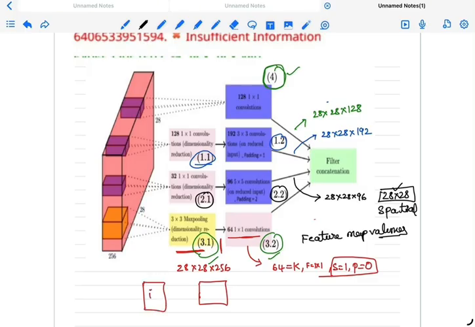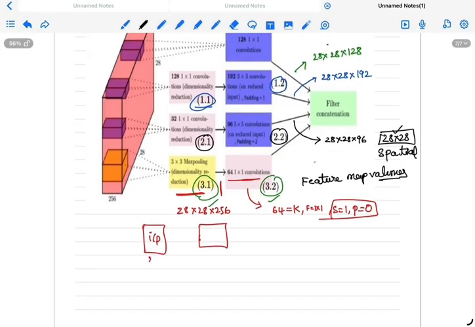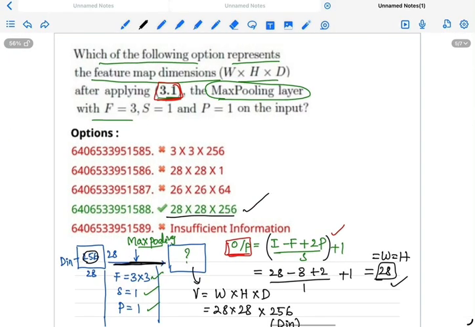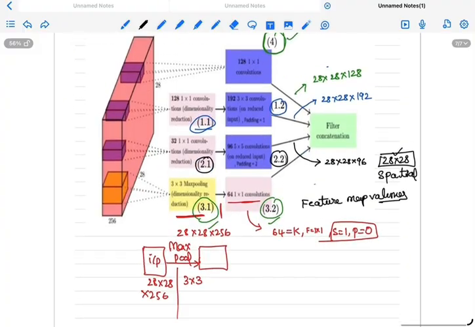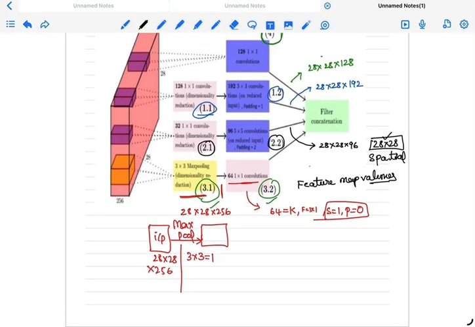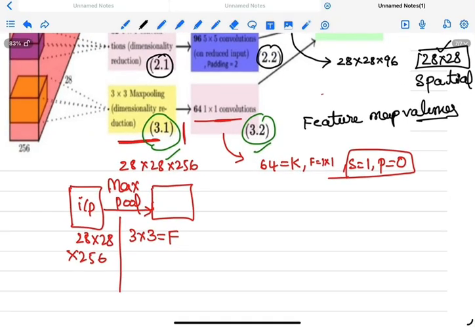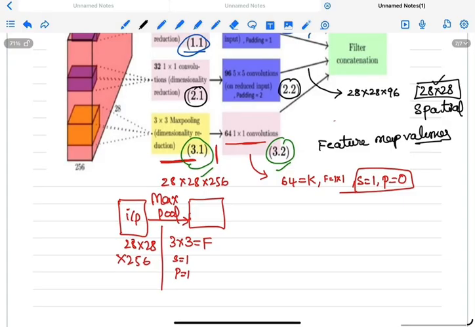The input of size 28 cross 28 cross 256 passes through a max pooling layer with filter size 3 cross 3, stride 1, padding 1, as mentioned.